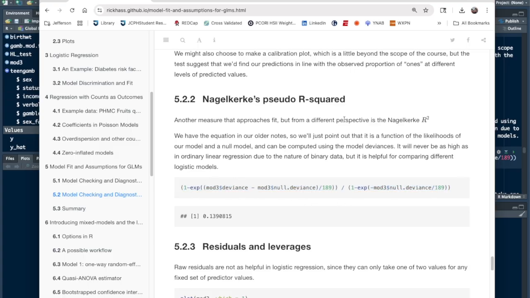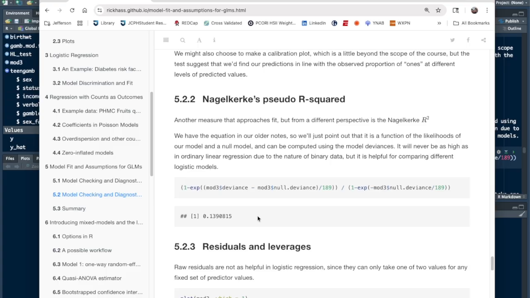If you look back at your notes, it's a fraction: 1 minus e raised to the difference between model 3's deviance and the null model deviance divided by n. The denominator is 1 minus exp of the negative null deviance divided by n. That gives us 0.139, or 14% of the variance explained by the linear predictor.